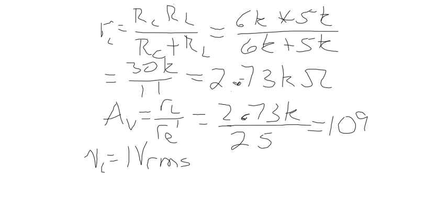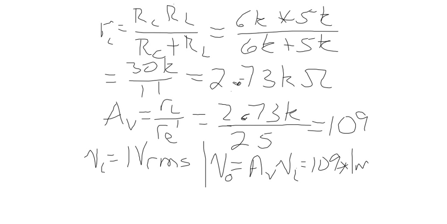If you use peak, the answer will come out in peak. It works either way. So my output voltage for this amp is 109 times that 1 millivolt, which will give me 109 millivolts.